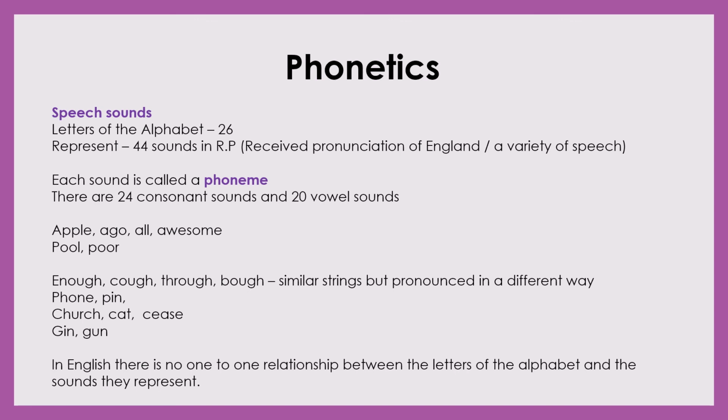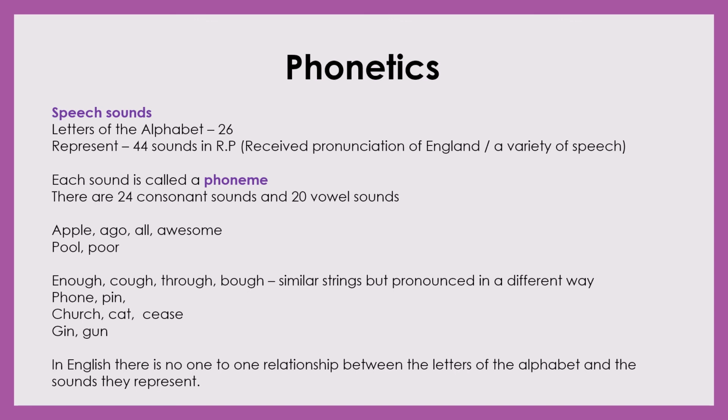It is enough, cough. This GH in cough and enough is pronounced as F. Through, bow. Here, an oo sound is coming. Bow, an ow sound is coming. So, in all these four words, the strings are pronounced differently.